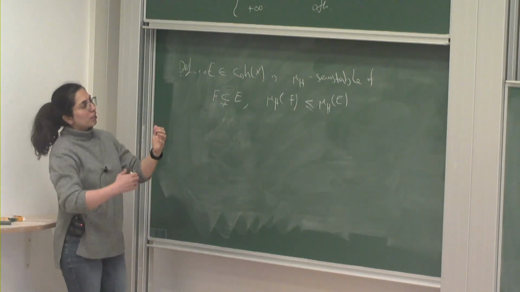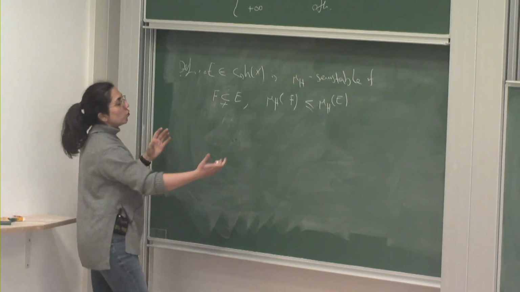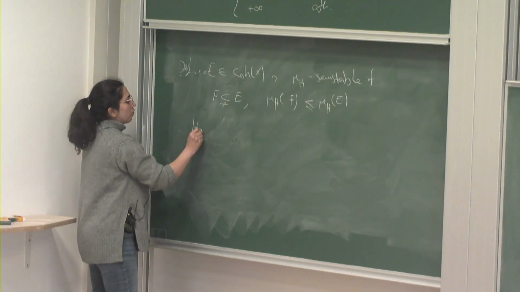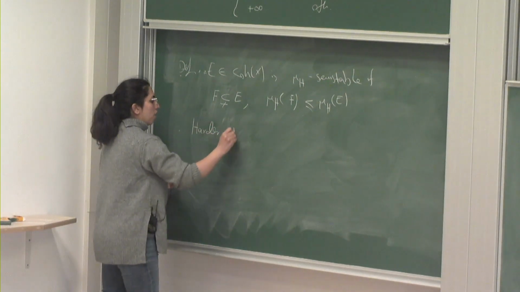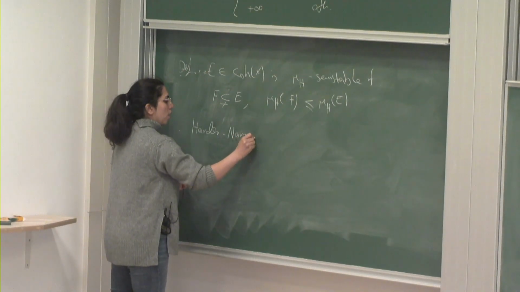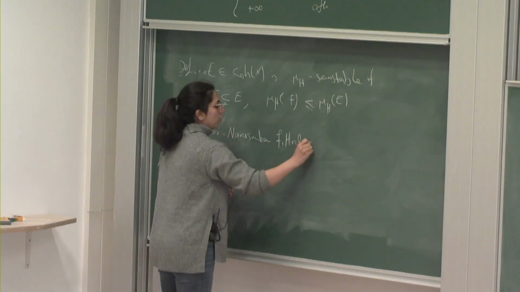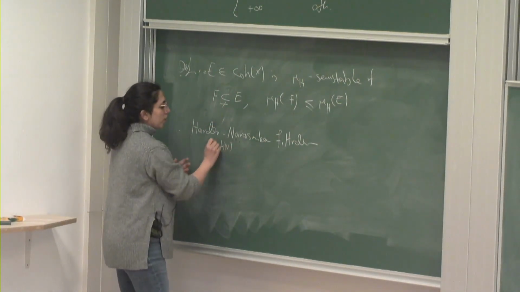any object there exists a finite filtration into semistable objects, which is called the Harder-Narasimhan filtration. We usually denote it just by HN filtration.